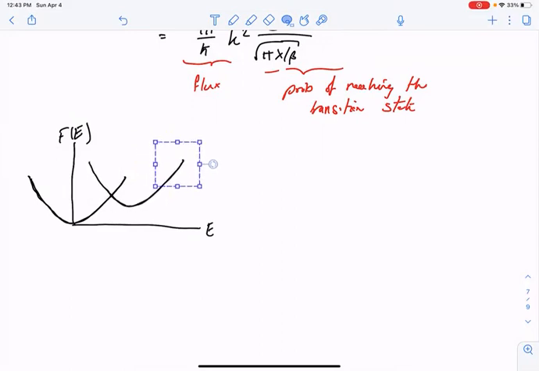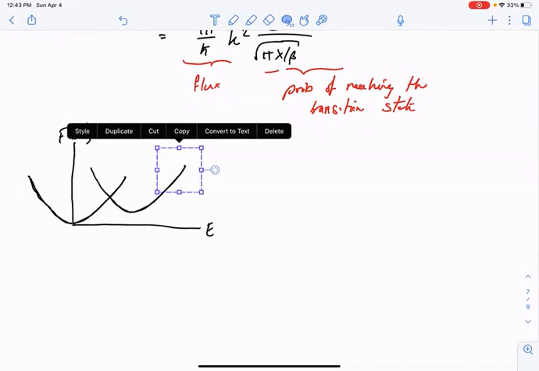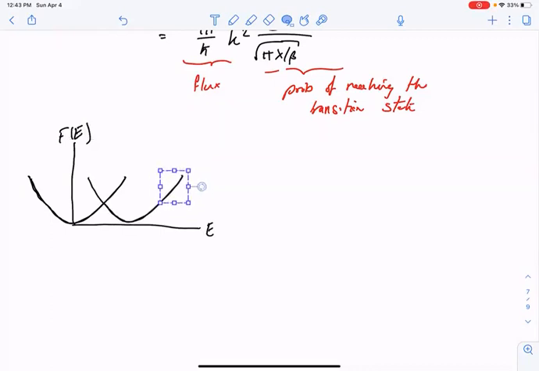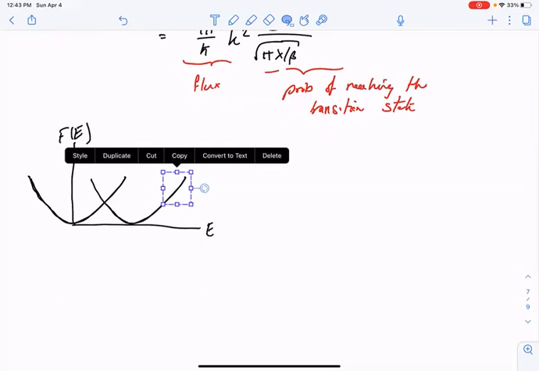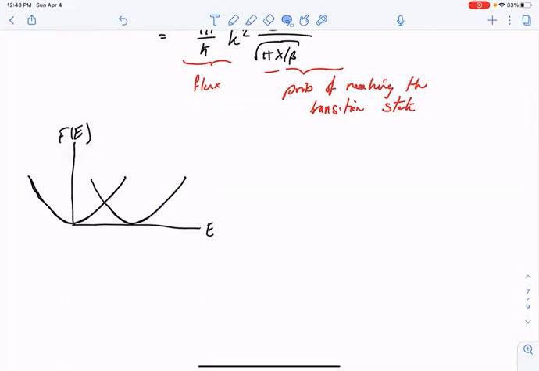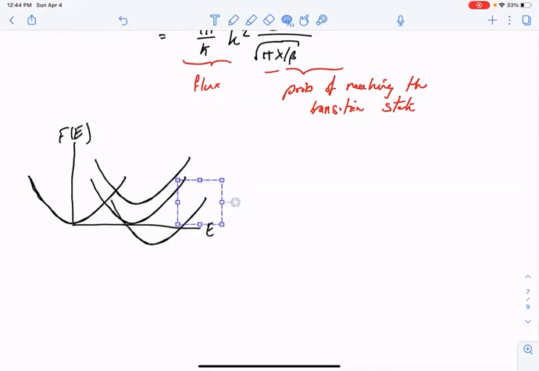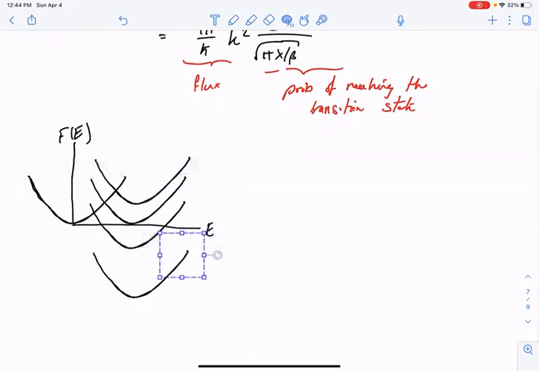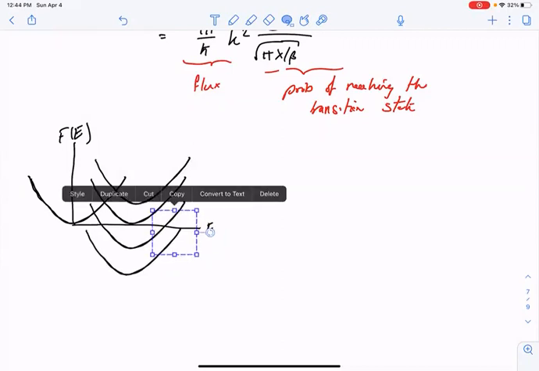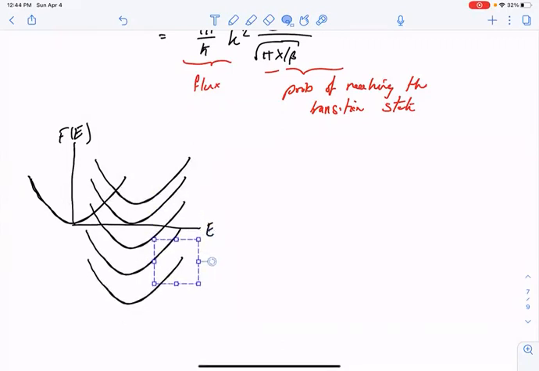So we could start it, say, here, no energetic offset. We could give it some energetic offset in the positive direction, decrease it some more, or decrease it even further.